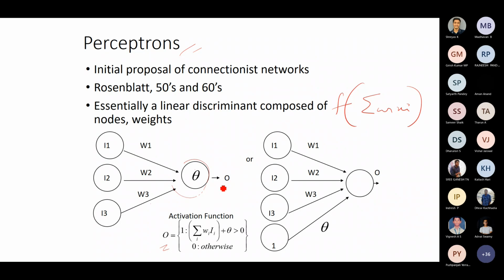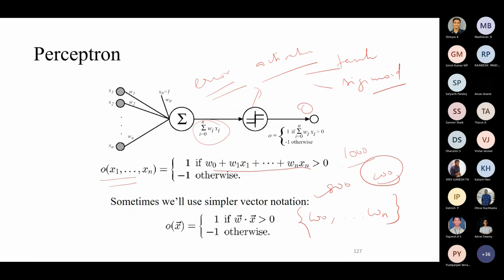This output could be 0 or 1. So you have an activation function operating on summation wi xi plus some theta. If this value is greater than 0, you give the value as 1, else you give the value as 0. This is the representation of that.